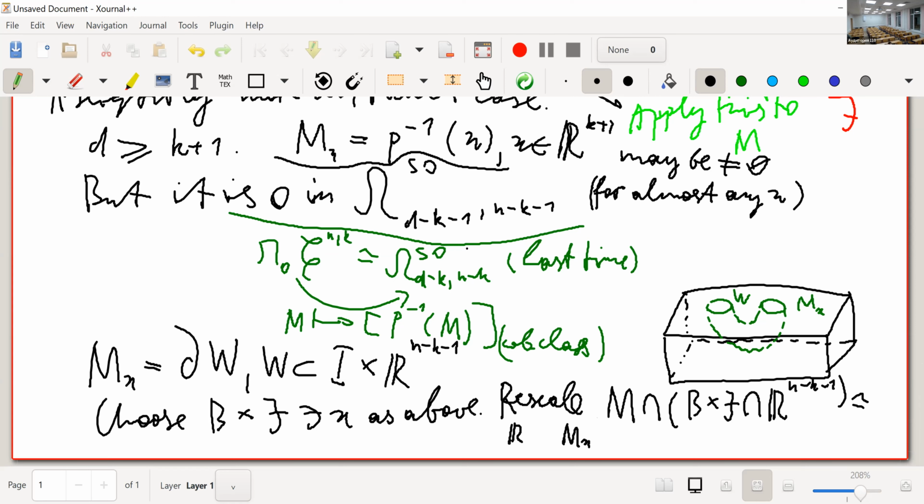So Mx has this dimension, then the remaining factor will have dimension k plus 1.